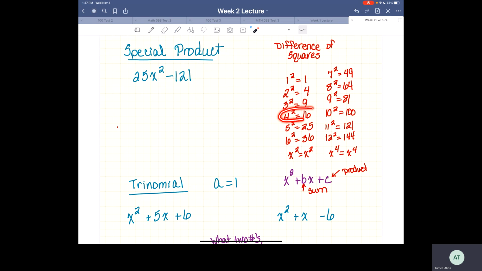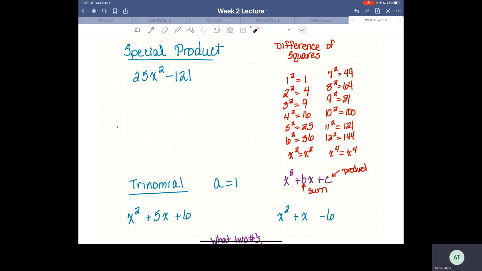Let's look at 4 squared. 4 squared is 16. 16 is a perfect square, and if I take the square root of 16, I get 4. 81 is a perfect square, and if I take the square root of 81, I get 9. So these are all your perfect squares.